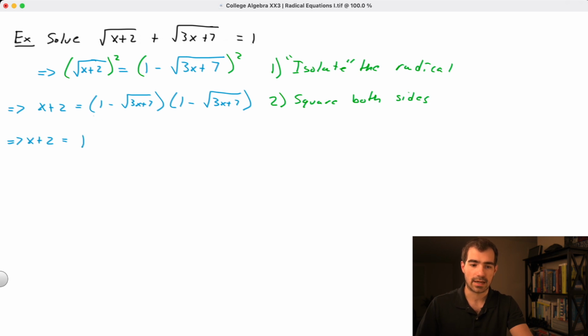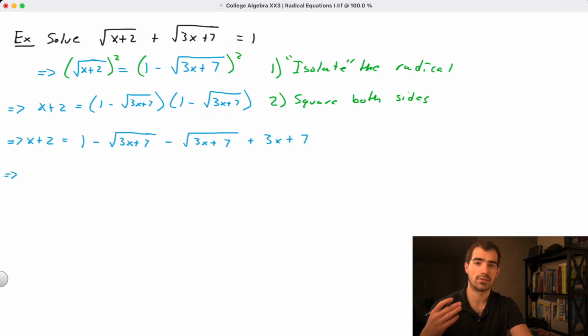We'll multiply the outer terms, so 1 times negative root 3x plus 7, or just negative root 3x plus 7. We'll multiply the inner terms, also minus square root of 3x plus 7. And then we'll multiply the last terms, or root 3x plus 7 times root 3x plus 7, which gives us plus 3x plus 7.